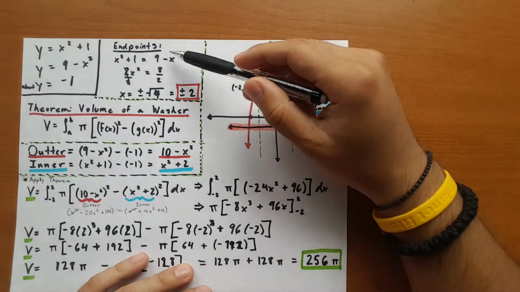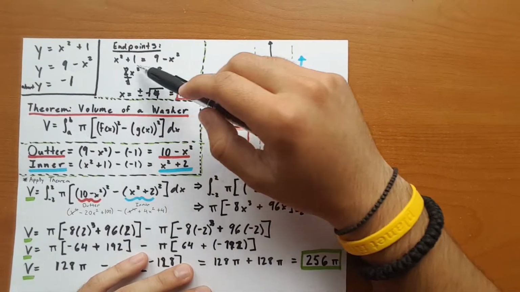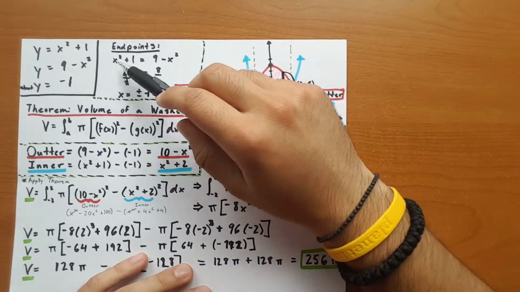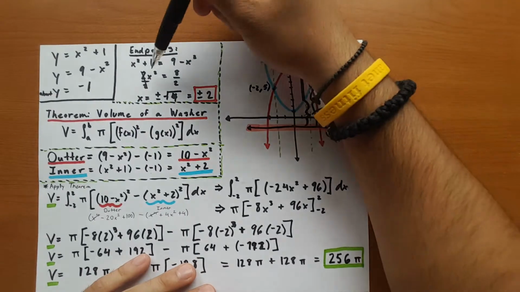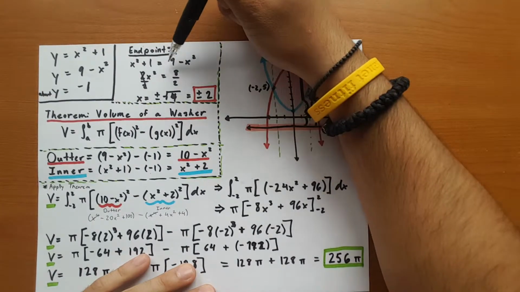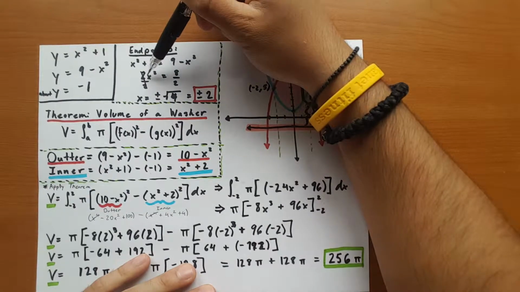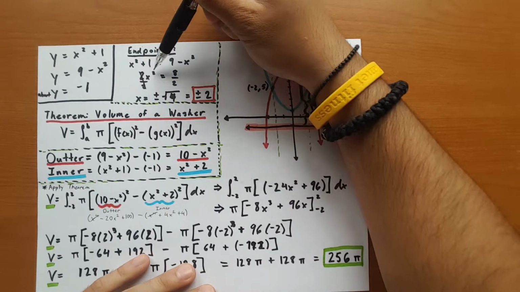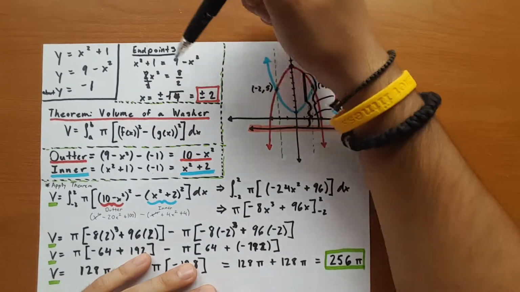Here I just set the two functions equal to each other. So x squared plus 1 equals 9 minus x squared. You add the x squared to the other side, subtract 1 on this side. So that's where you get 2 x squared equals 8, and then I just divided by 2.